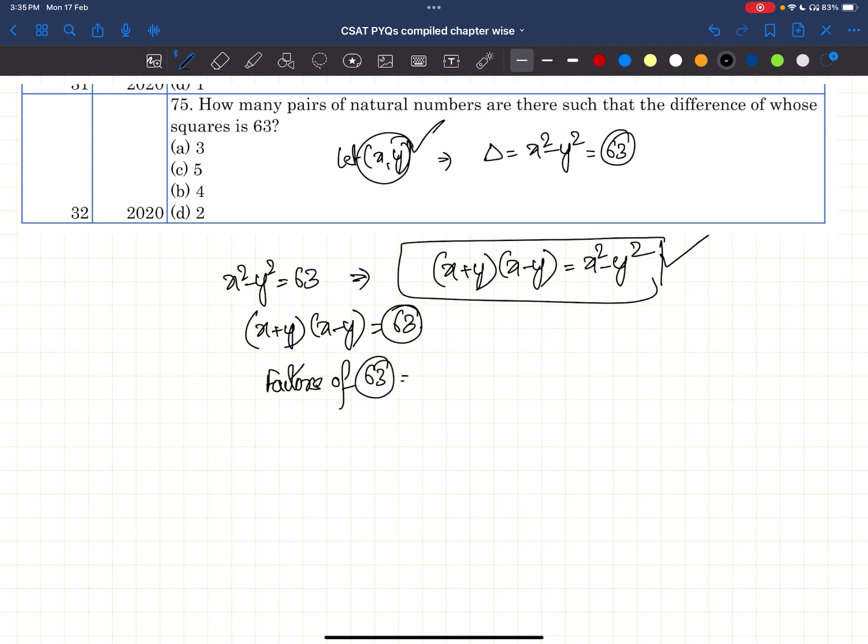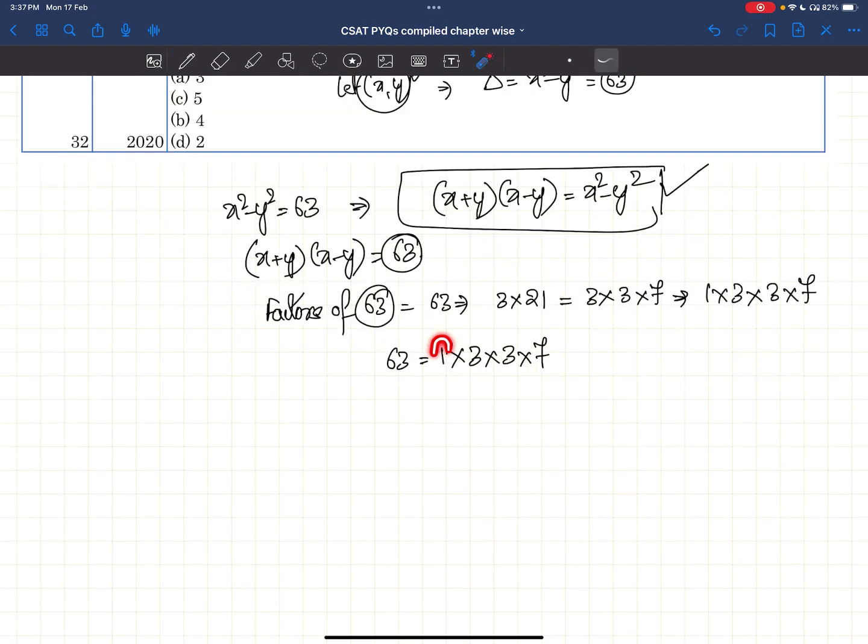Okay, we'll find the factors of 63. How can we write 63? 63 is equal to 3 times 21, right? That means 3 times 7, right? This can also be written as 1 into 3 into 3 into 7.